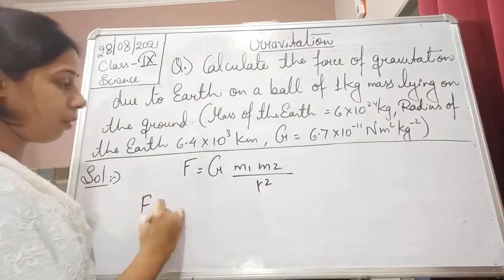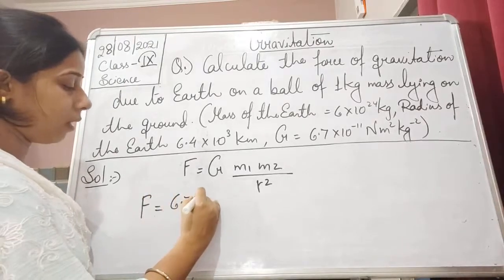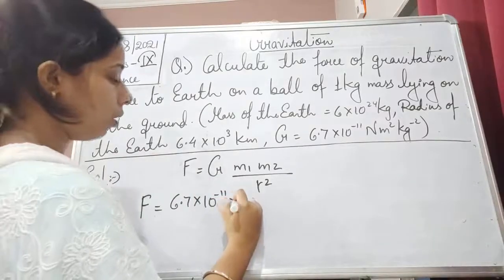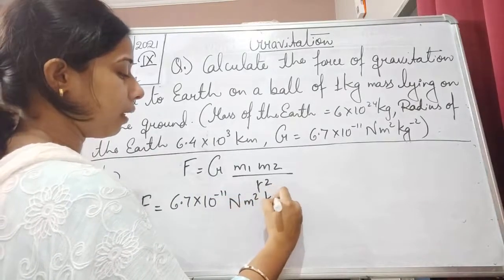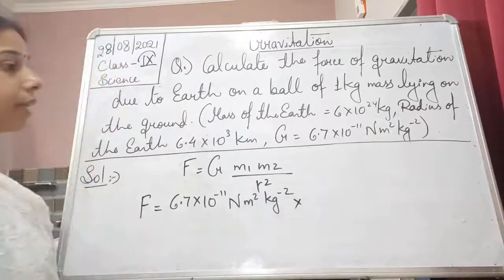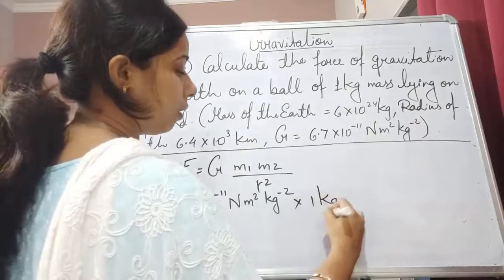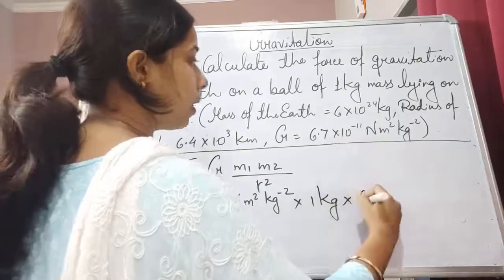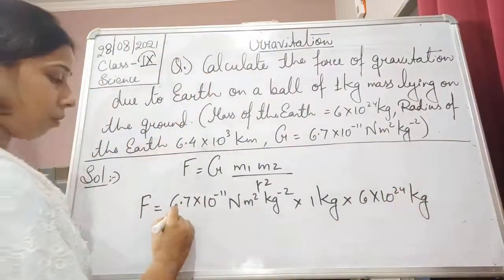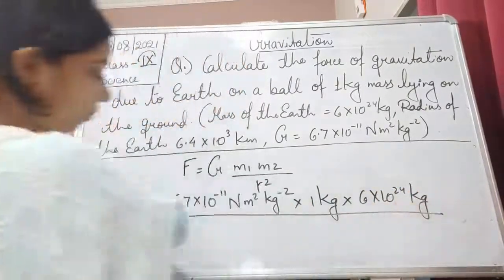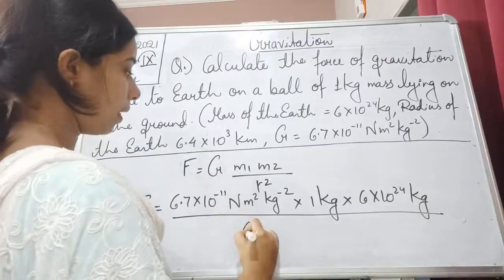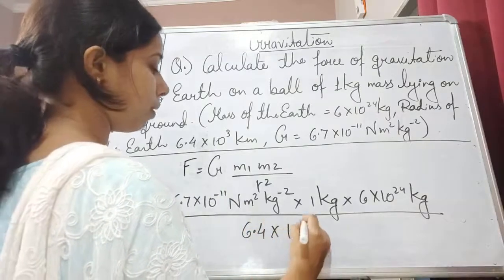Here F is equal to G, the value of G is 6.7 into 10 to the power minus 11 Newton meter square per kg square, into m1 which is given, that is 1 kg, into 6 into 10 to the power 24 kg, upon 6.4 into 10 to the power 6 meter.